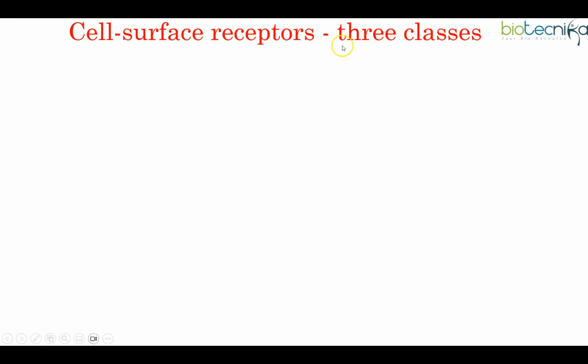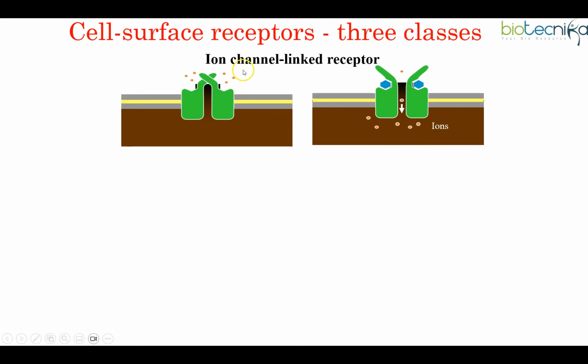Coming to the three important classes of cell surface receptor, one of them is the ion channel linked receptor, where these channels have two different conformations. One is the closed conformation, another one is the open conformation. What will be affecting these channels, like how they will be regulated, is by a certain molecule or a ligand. So as you can see, only when this ligand comes and binds, there is a conformational change in these channels which get opened, and then only the ions can move to the other side.